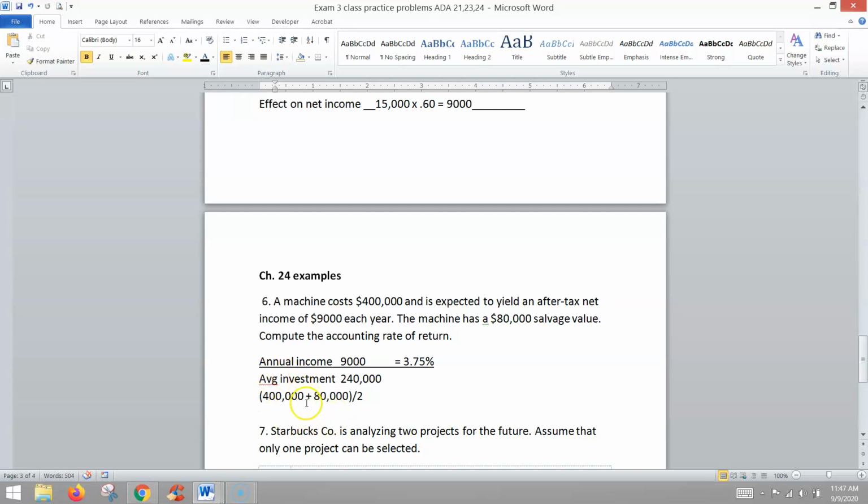The beginning is going to be the cost, and the end of its life is going to be any salvage value. So we would take the $400,000 plus $80,000 and divide by 2 to calculate the average investment. Then to calculate the accounting rate of return, we take the annual income, $9,000, divided by $240,000, which gives us 3.75%.